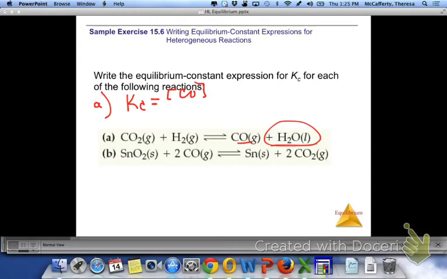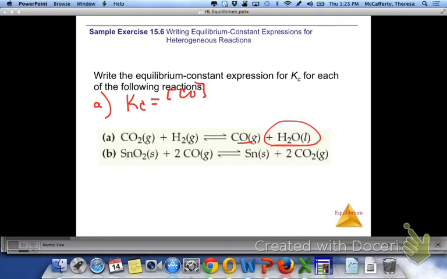Not really, right? In an equilibrium, these concentrations can change to maintain that constant, they shift. Is water going to change its concentration? No, because it's a pure substance. If something is a pure substance, it doesn't enter into the equilibrium constant.